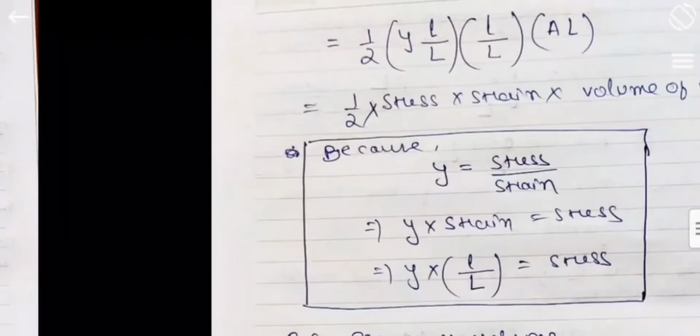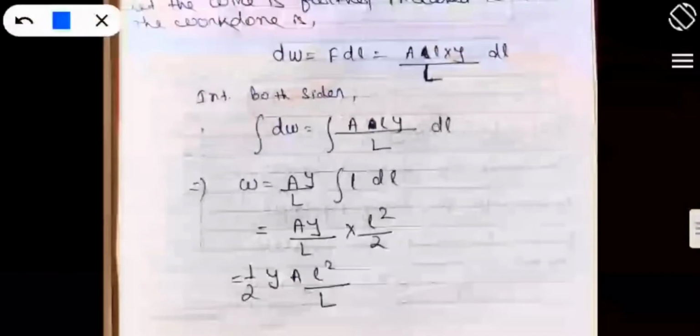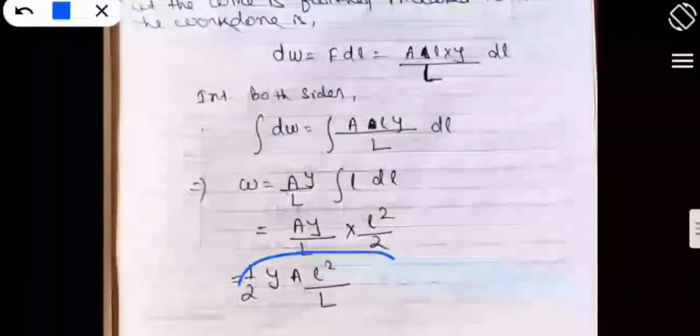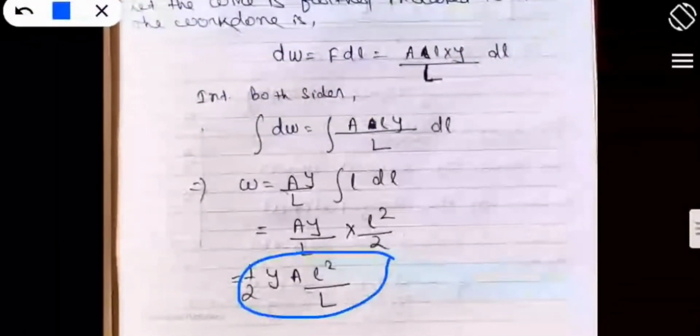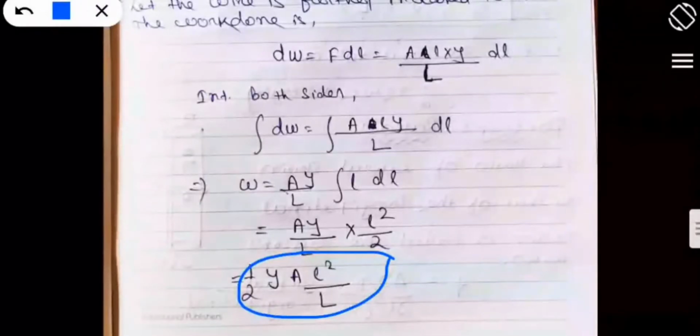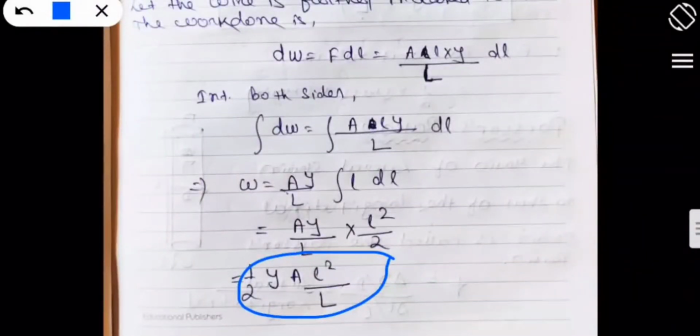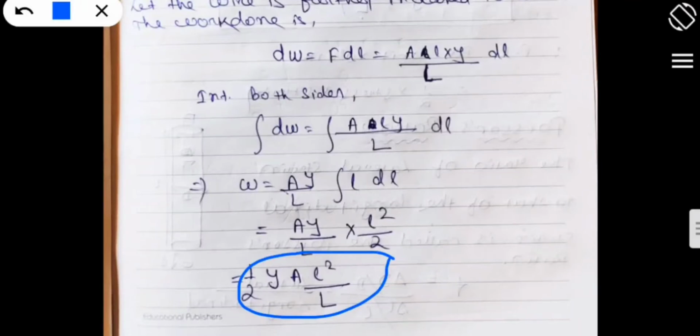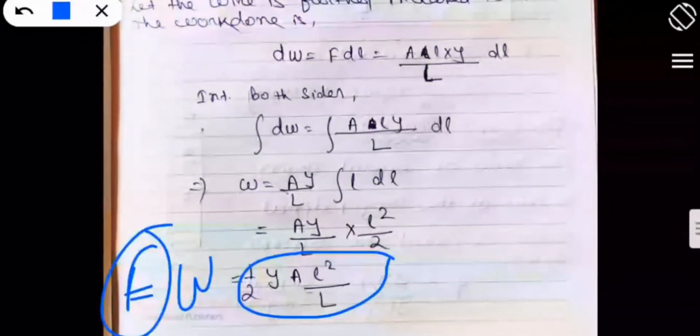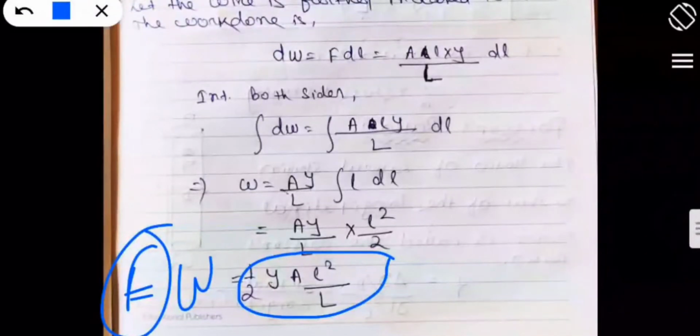Now if you think that if you write this formula, will you get the mark or not, then obviously this is correct for some numericals. If this data is given, half into Y into A into L square by L, if you write the work done formula or energy formula, you can also calculate the numericals.